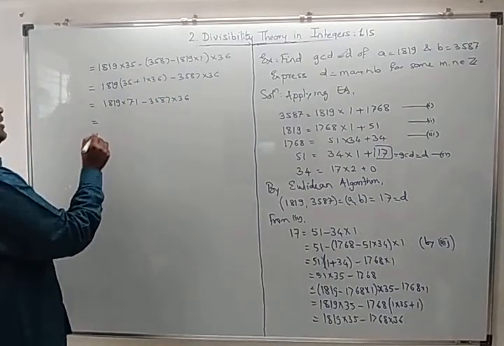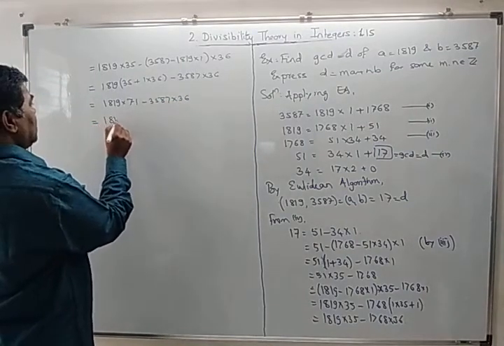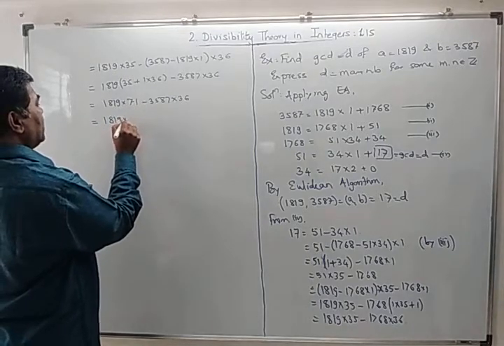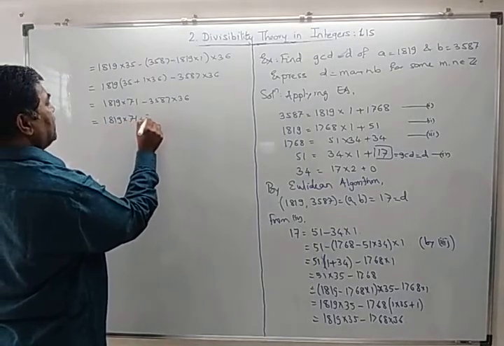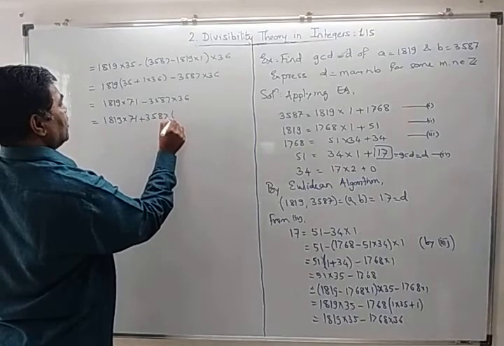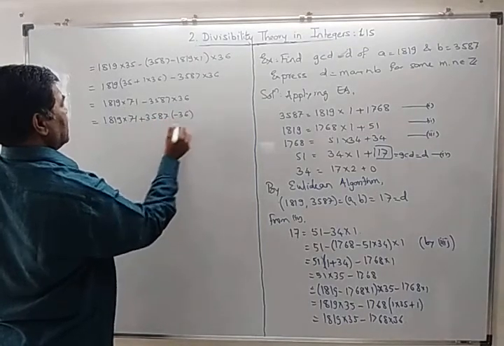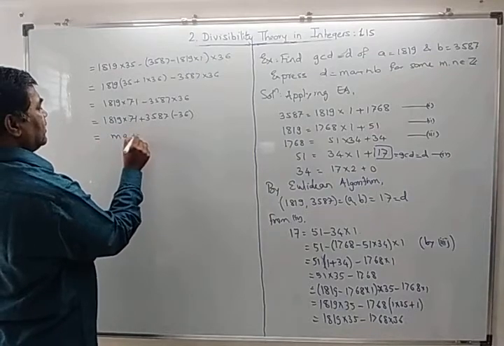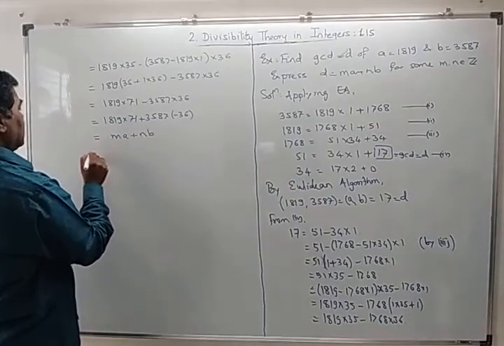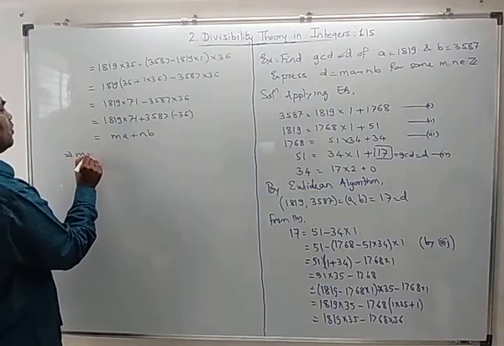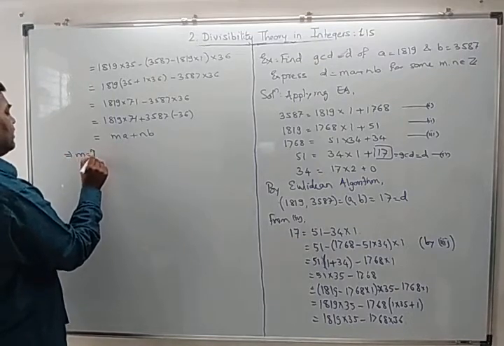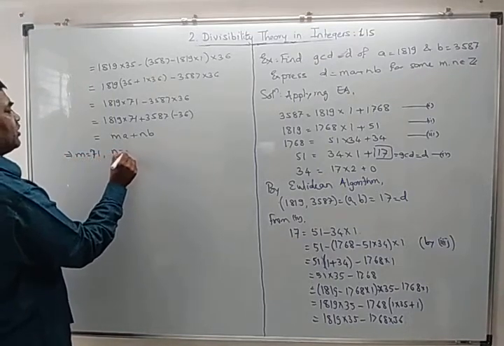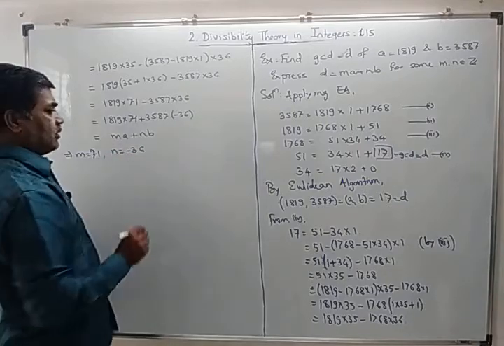And if I write it in terms of plus, 1819 into 71 plus 3587 into minus 36. And if I compare this with ma plus nb, okay, here your m is equal to 71 and n is minus 36, right?